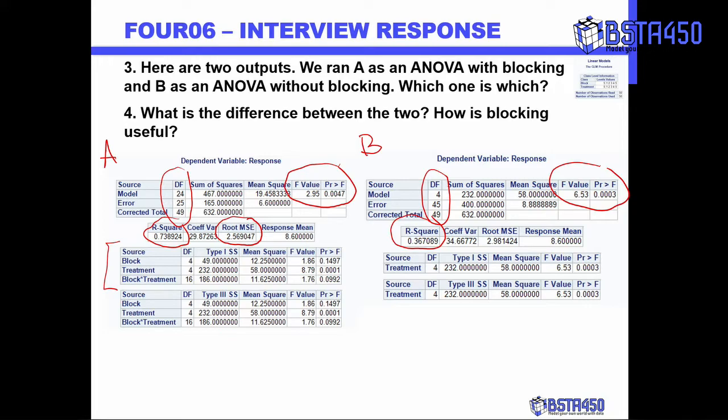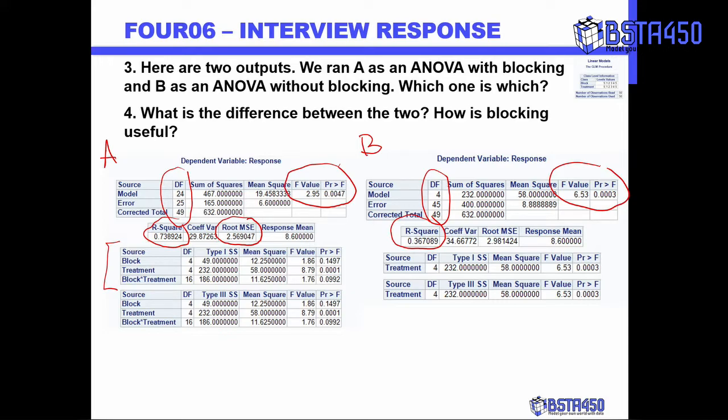Now looking at the different types, whether with blocking or only with treatment, the block here, if you look at the F value of 1.86, is insignificant. What does that mean? An insignificant F means that your blocking was not effective. So by default, we're going to use blocking every single time, just to control and have a little bit less bias.